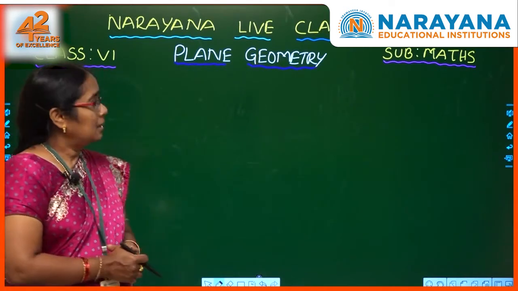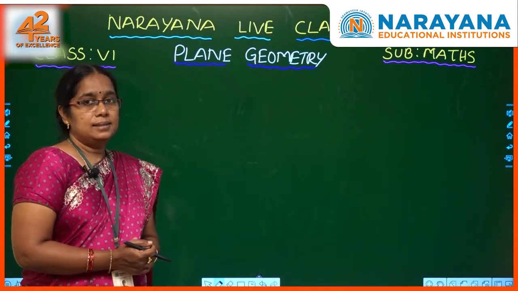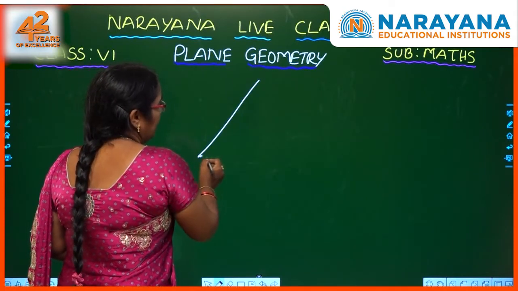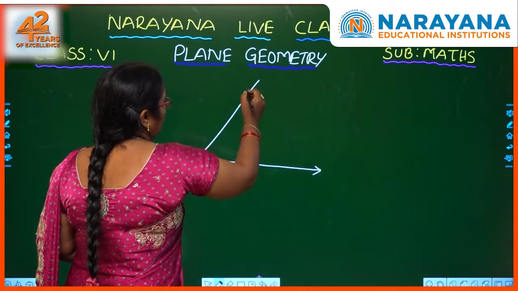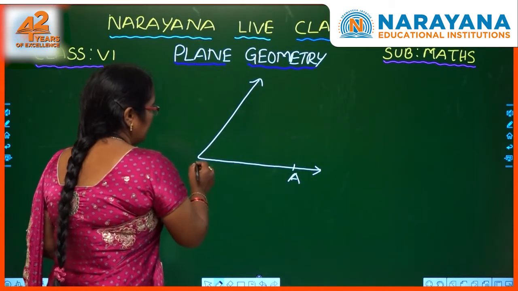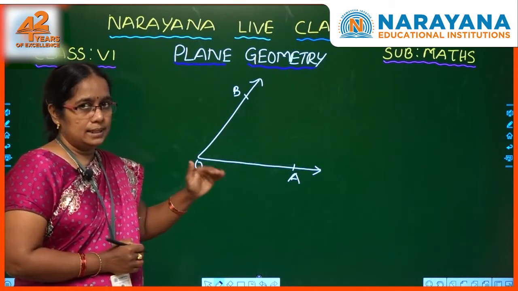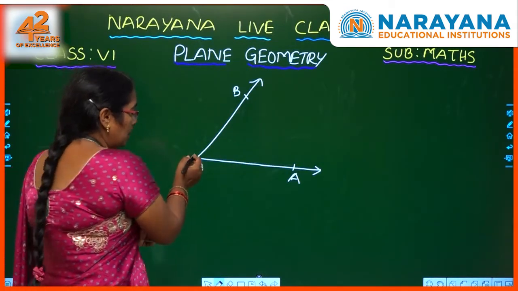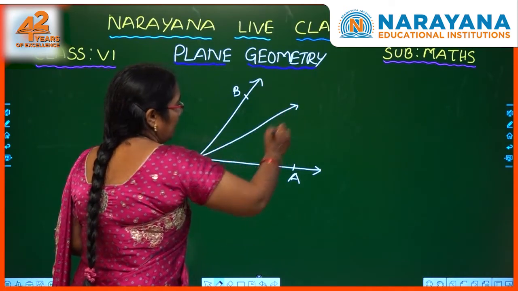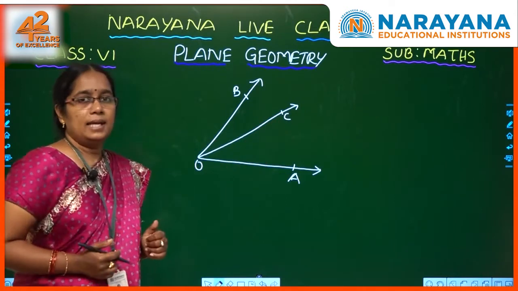Next, before I have told you about congruent angles, isn't it? So, when an angle is divided into two congruent angles, for example, again consider angle AOB. Now, I am going to draw one ray from vertex O, this is ray OC.